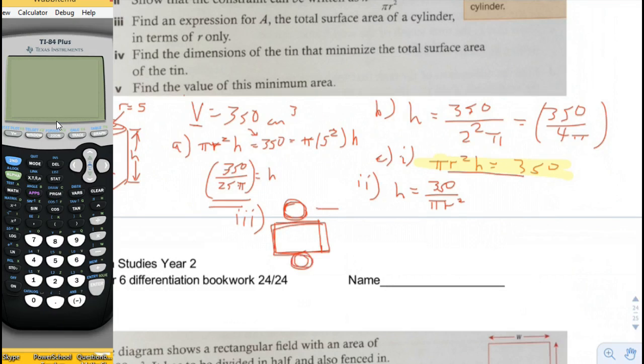The top of the cylinder has an area of pi r squared. The bottom of the cylinder is equal to pi r squared also.